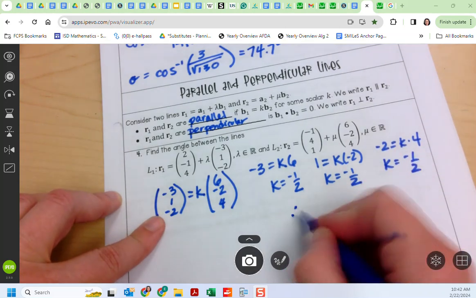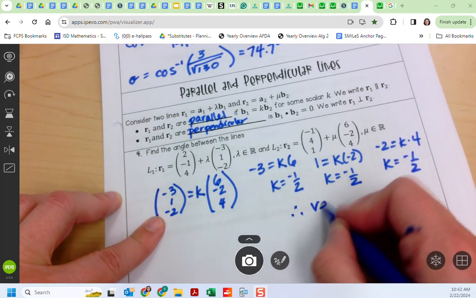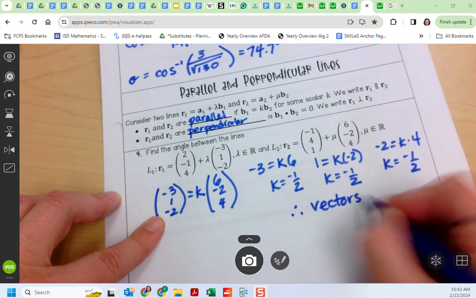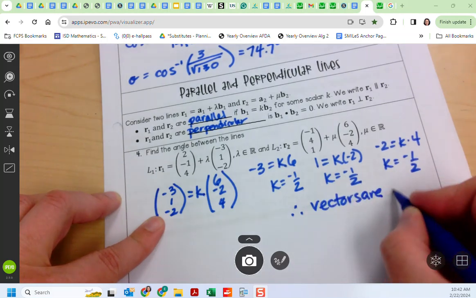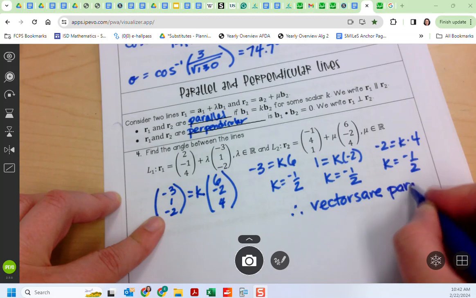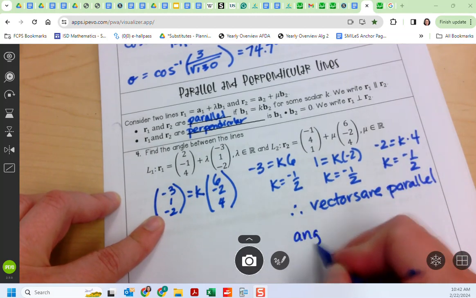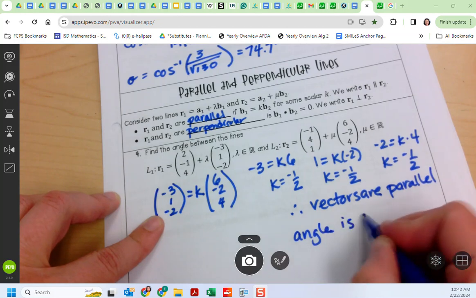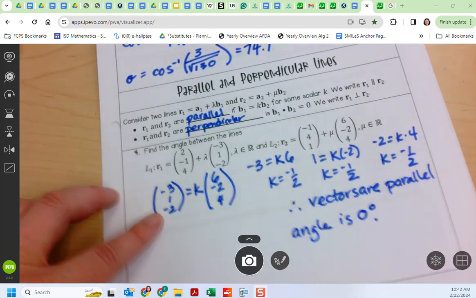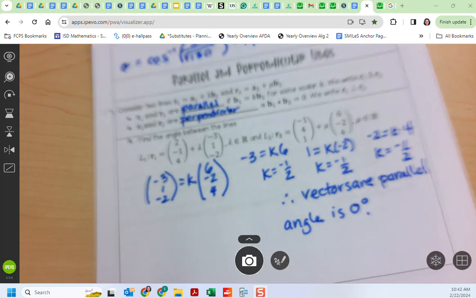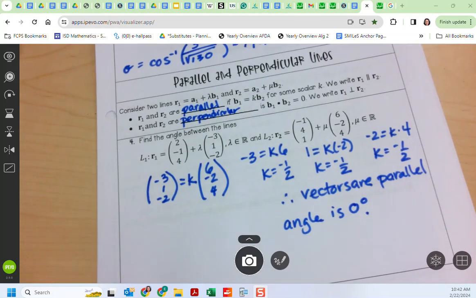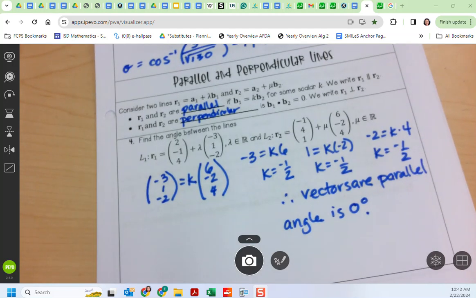So therefore, the vectors are parallel, and the angle is 0 degrees. So you could do the exact same method as before, or you could notice that and save yourself a little bit of time.